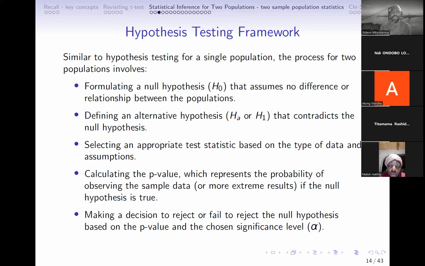Given your level of significance, or your assumed level of confidence, or your critical value, you do a comparison one more time with this critical value. Based on that, you can conclude that your null hypothesis stands, or that you reject it, depending on how far your p-value is from that significance level.